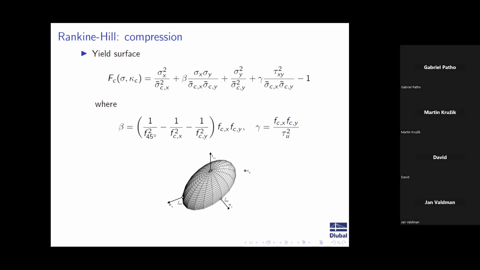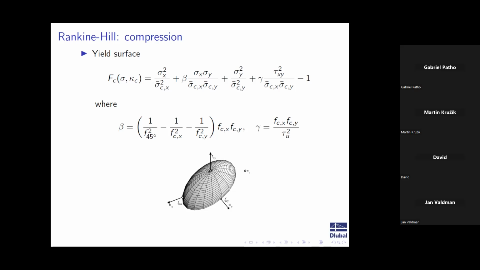Gamma, like alpha in the Rankine type yield criterion, assumes the shear contribution to the overall surface. And basically what beta does is rotate my ellipse around the shear axis.